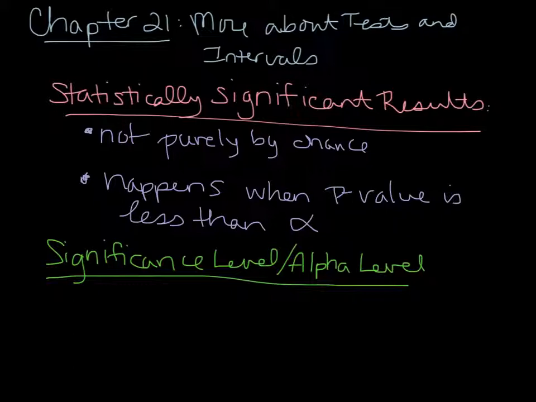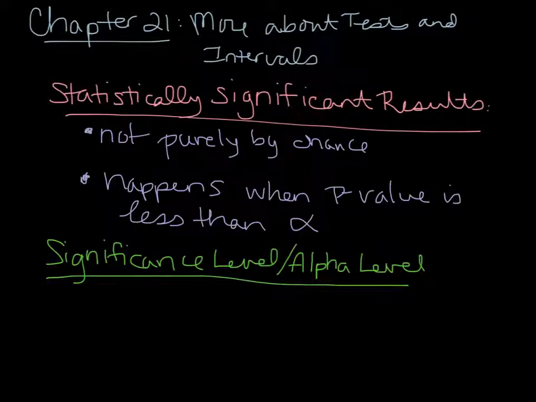Until now, we have been using alpha equals 0.05. So anything less than 0.05 that you've gotten for p-value has caused you to reject the null hypothesis. We actually call this alpha level, which we've been using as 0.05, our significance level.